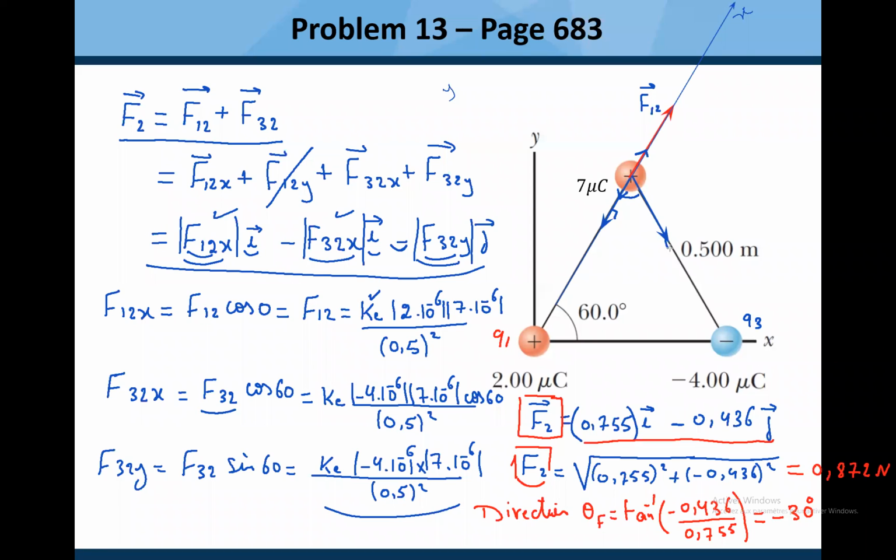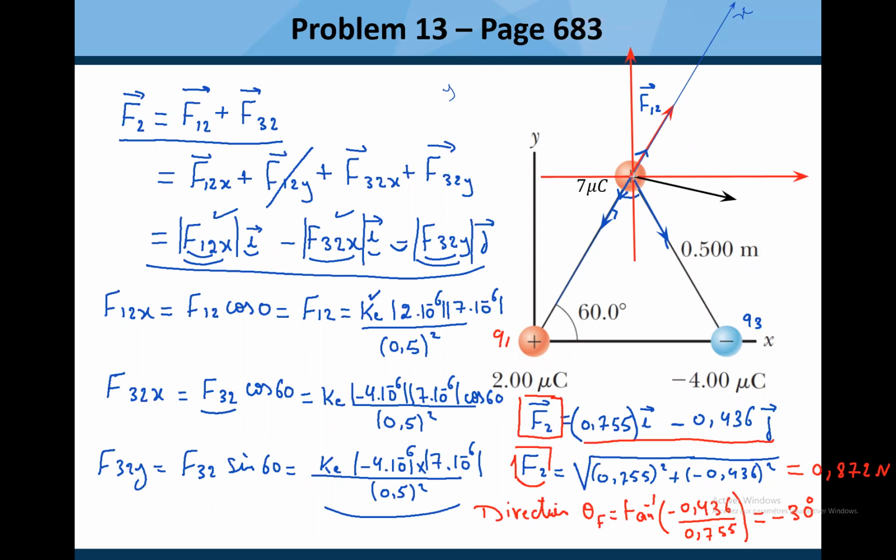Here we have F32, here we have F12. So the total F must be in this region. If you do X and Y here, the answer is minus 30. This is equal to 0, here negative, here positive.